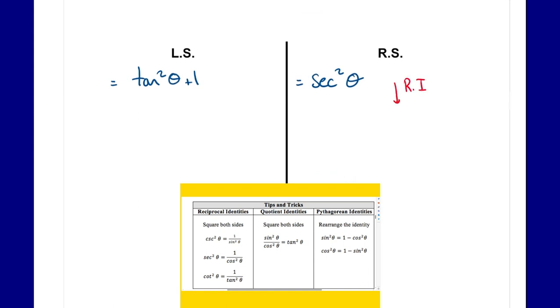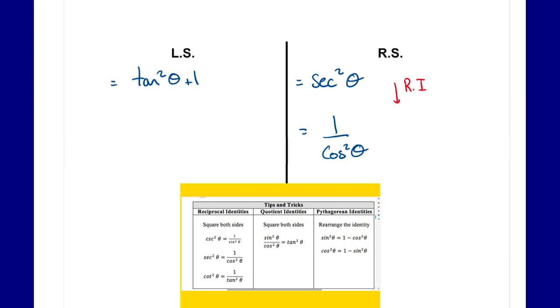We can see the reciprocal identities, right? So secant squared right over here will become 1 over cos squared theta. So that's good. Let's leave it there for now, because again, we want to get things to sine or cosine. We have it as cosine, so let's work with the other side now.